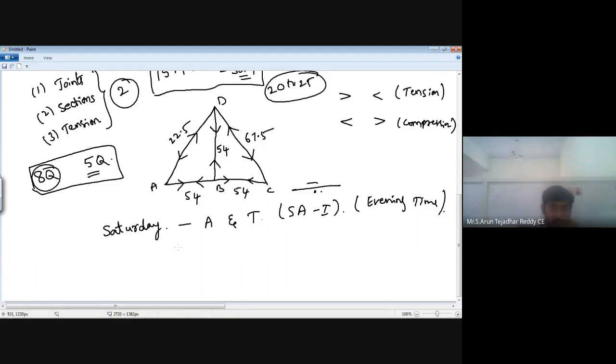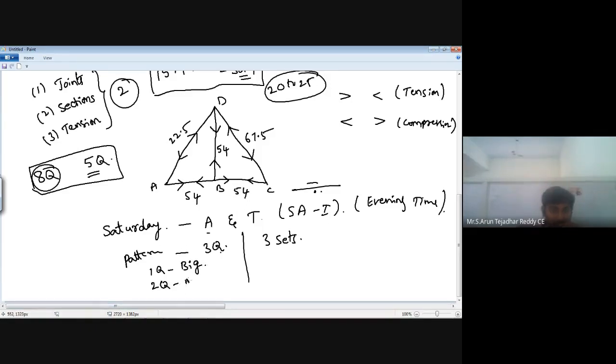Question paper pattern: whether it may be an assignment or a test, whatever it may be, the question paper pattern is 3 questions and 3 sets. 3 questions, 3 sets. That is, the first question is a big question.